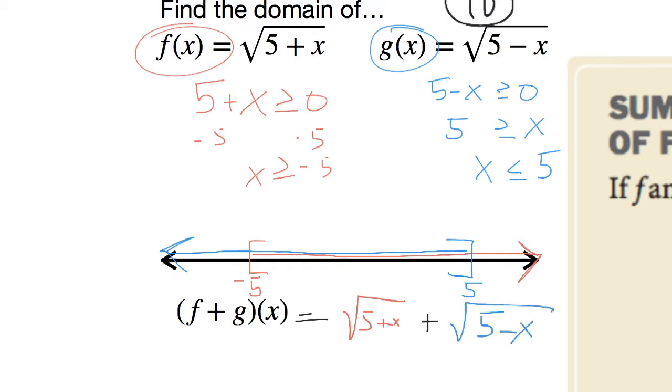There's only certain numbers you can actually plug into this function. And what you have to do is find the intersection of the previous two functions. Where do we see both red and blue? We see both red and blue right here, in the middle. Wish I had purple.